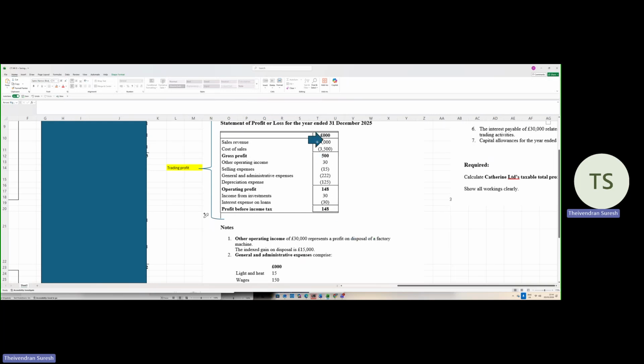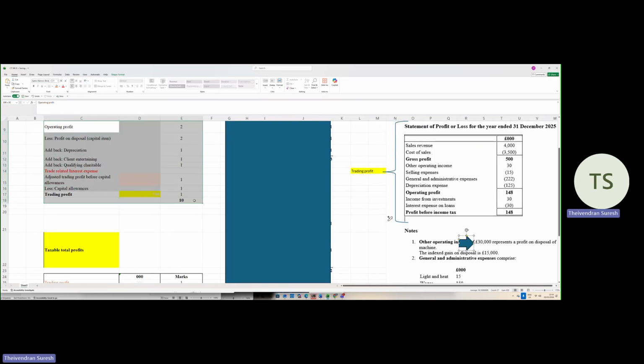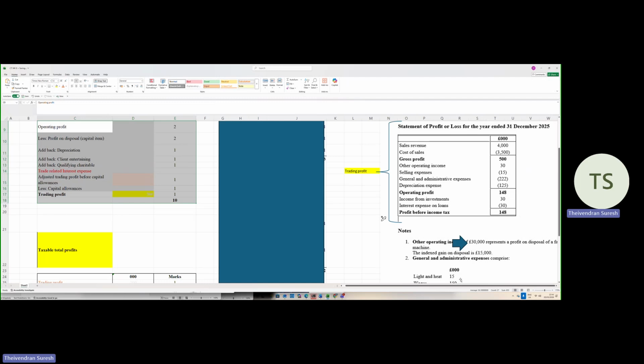Selling a factory is not the main business activity of this company, therefore it can't be part of your trading profit. So we need to do the adjustment for the first note when we do the trading profit adjustments. We'll come back to that in a minute.